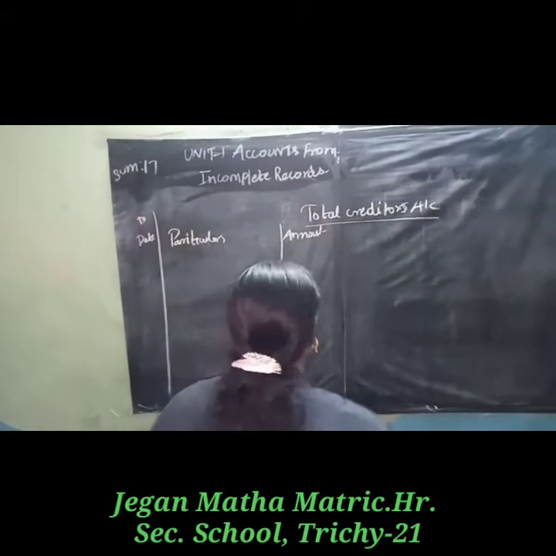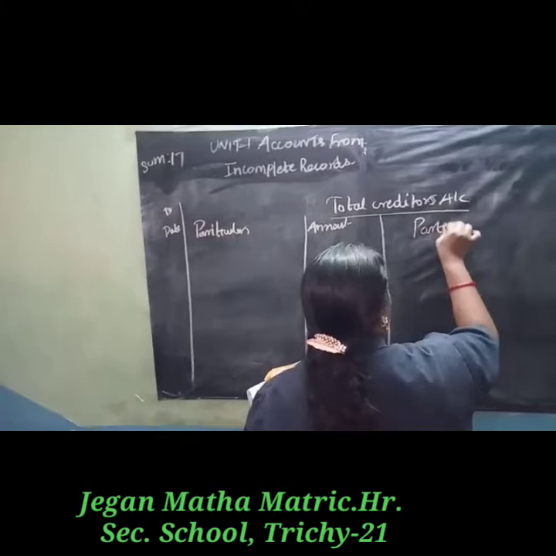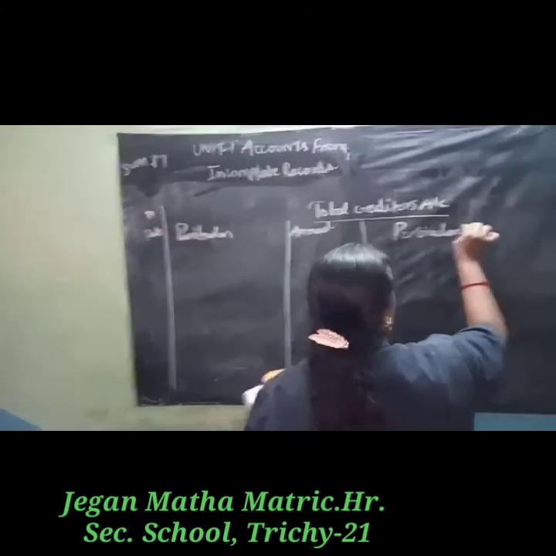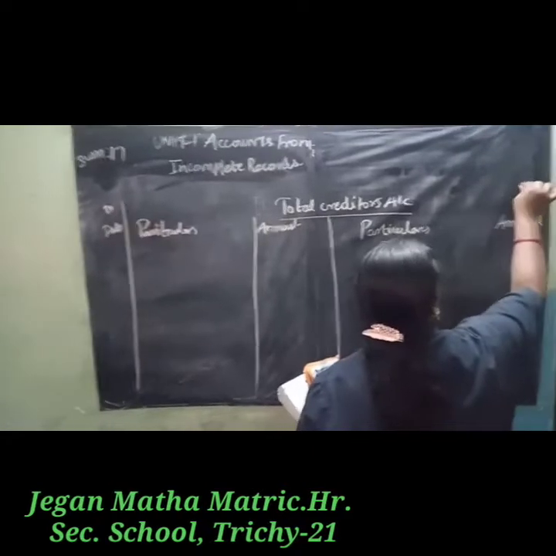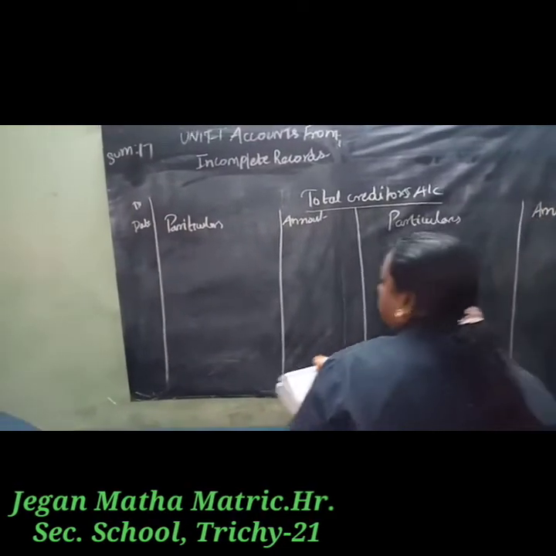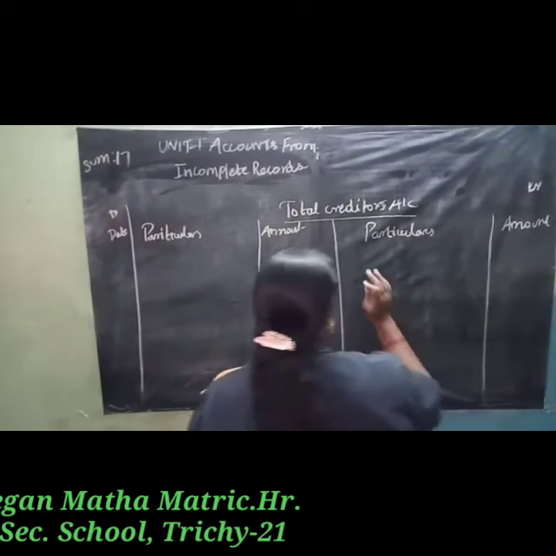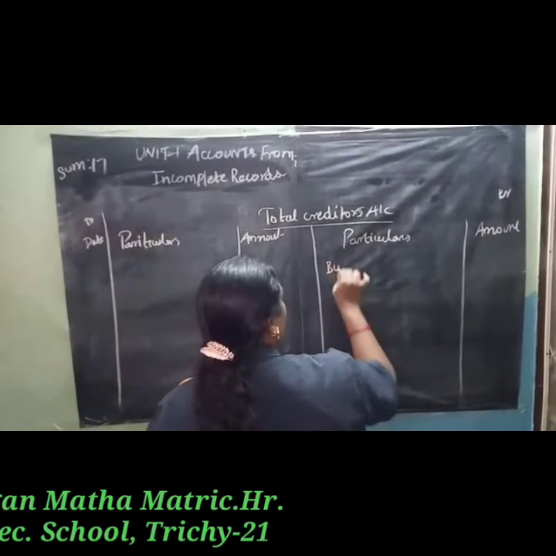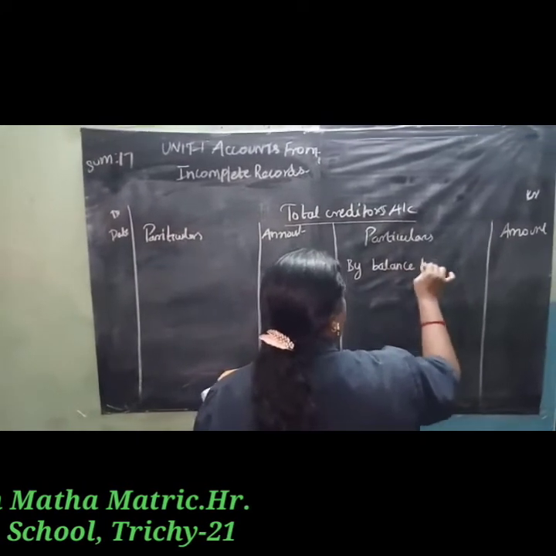Then credit side: particulars, amount. You know the format of the total creditors account. The opening creditor goes on the credit side, by balance B/D.